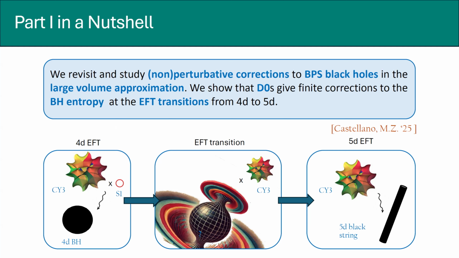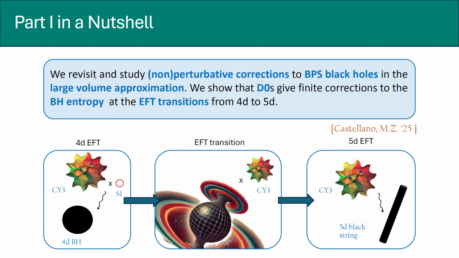Clearly, as Miguel was saying, from the effective field theory you kind of jump, and it is not completely clear how this jump will affect the corrections to black holes.